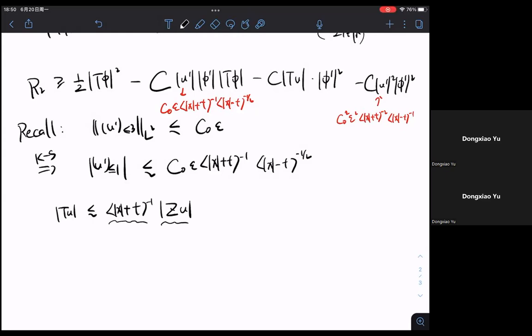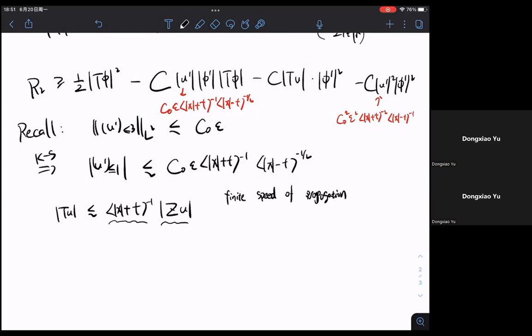We now recall that we have finite speed of propagation. This is also an assumption in our proposition, that is, U satisfies the finite speed of propagation.